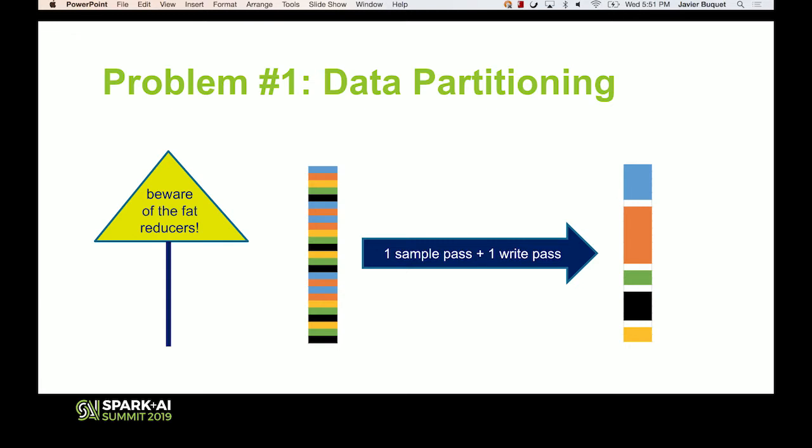With that distribution, we can allocate more resources to the larger campaigns and fewer resources to the smaller campaigns. We do this by creating artificial partitions or shards. Large campaigns will have more artificial partitions, and smaller campaigns will have fewer. So in a quick sample pass, we get an estimate of the distribution. In a second pass, we do the partitioning of the data set.